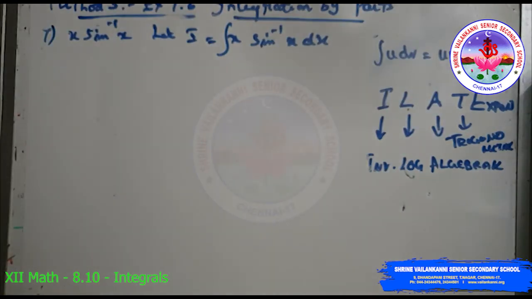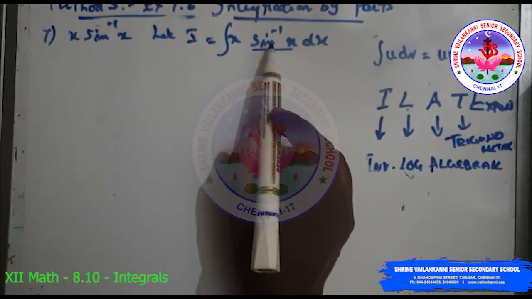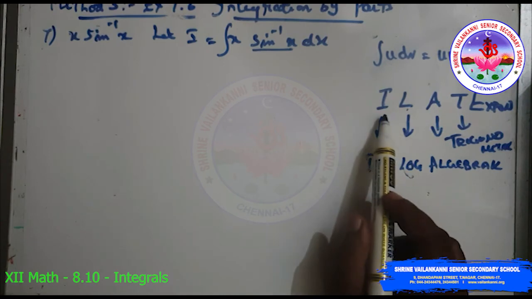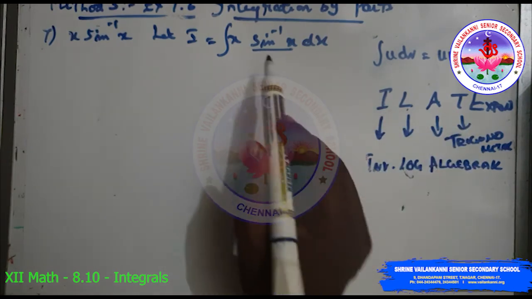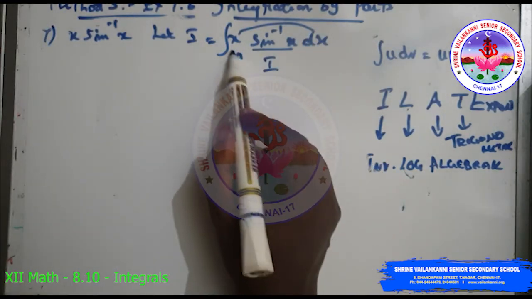Seventh question, find the integral of x into sine inverse of x. So let I equal the integral of x into sine inverse of x dx. Here sine inverse of x is an inverse trigonometric function, which comes first using the ILATE method. So that is the first part, and x dx is the second part.